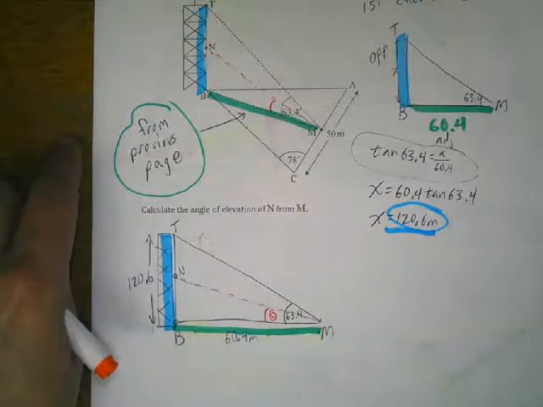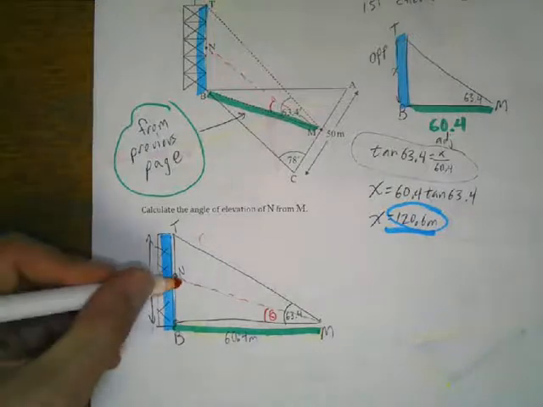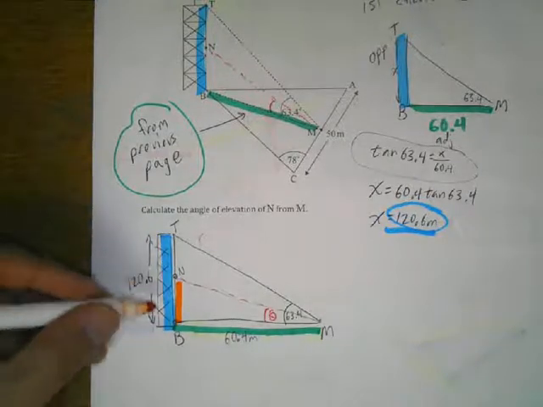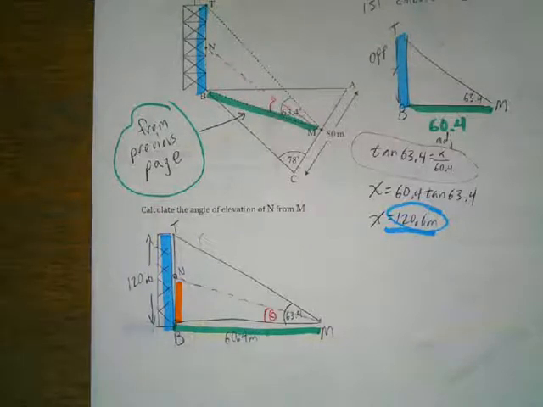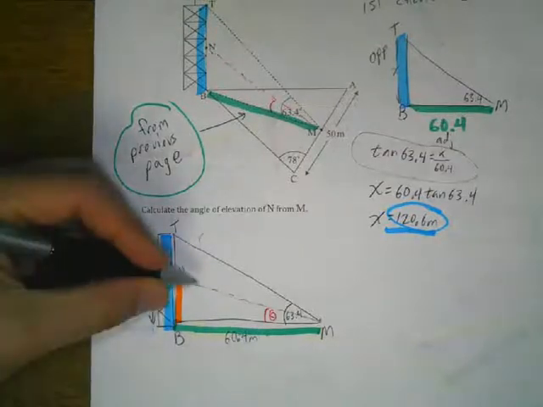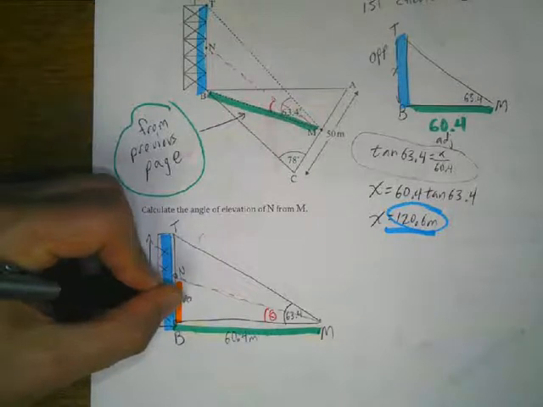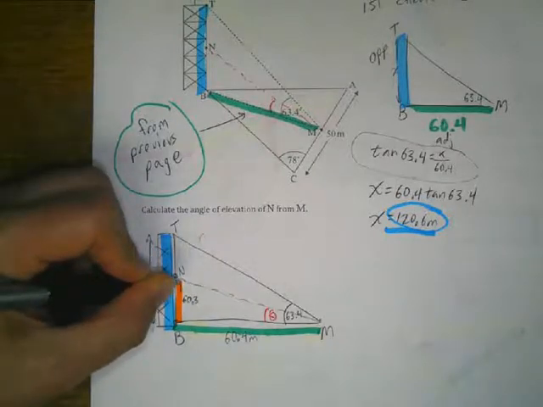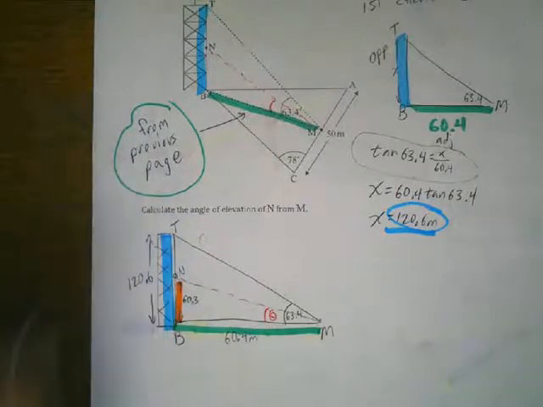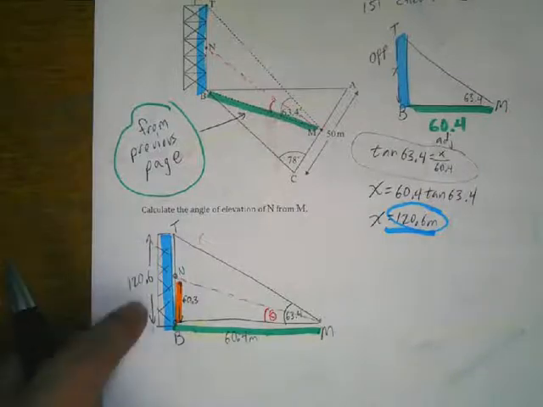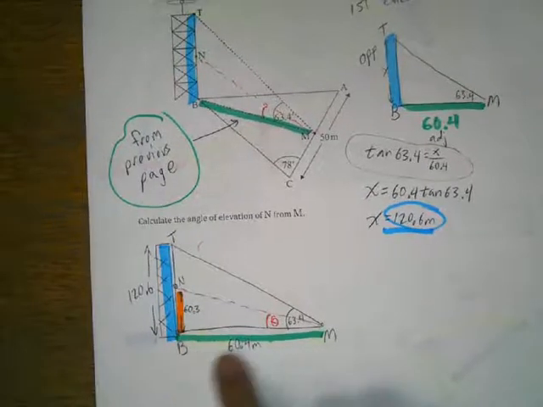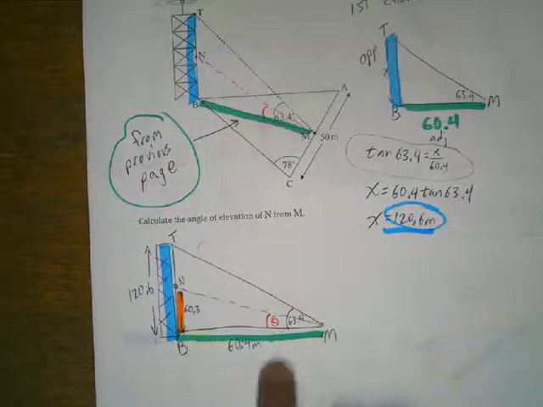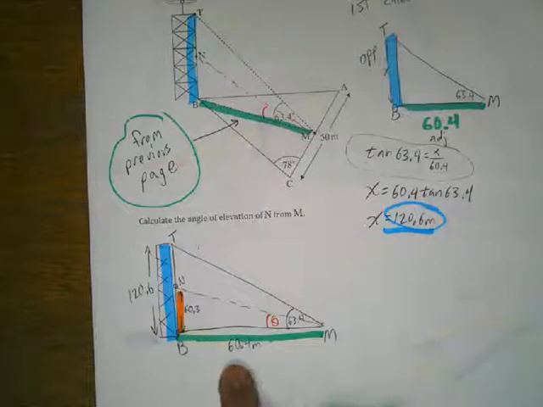So this height here is going to have to be 60.3, because it's half of 120.6. So now that I know that this is 60.3, we already knew this was 60.4 from the previous page.